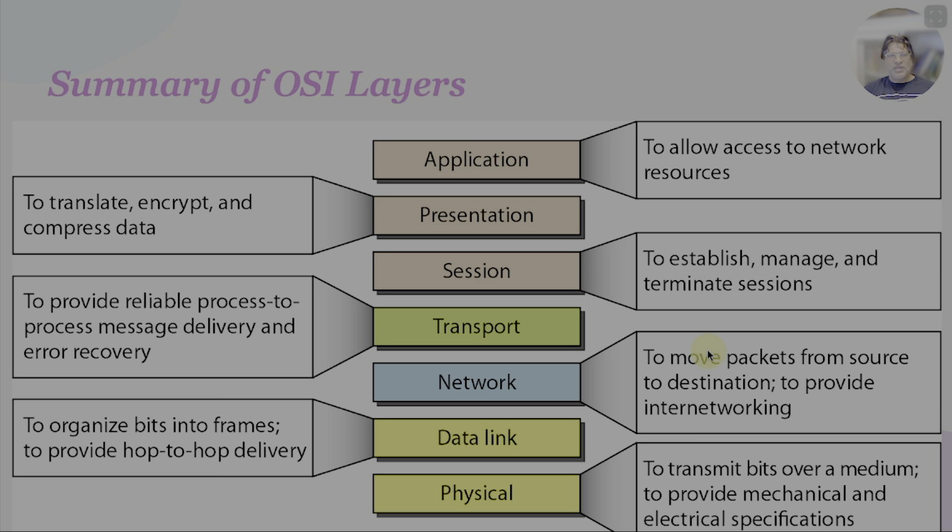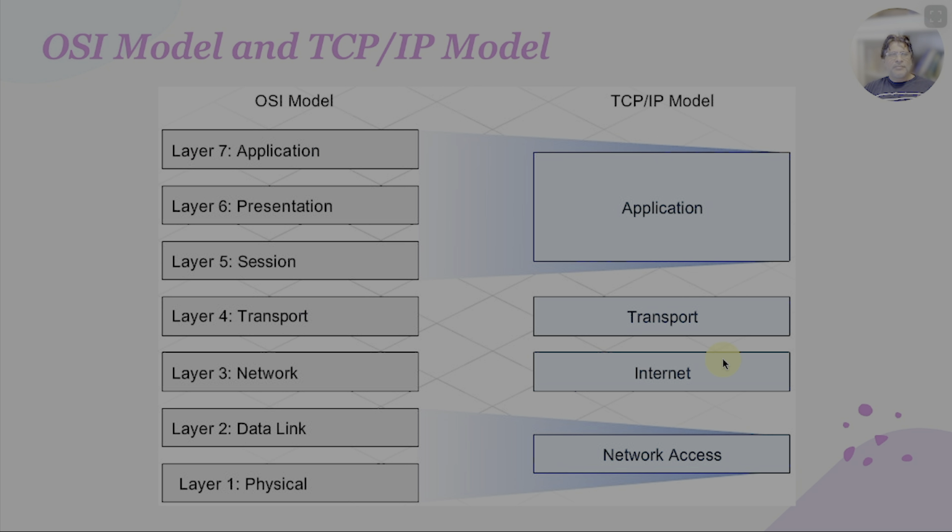So we've covered all the OSI layers in all the previous lectures, and we'll go into a lot more detail as we move along the course. This is a quick snapshot of the OSI model, the 7-layer model, as compared to the TCP/IP model, which is a very simplistic model. I find the OSI model is the most important model that you need to understand.